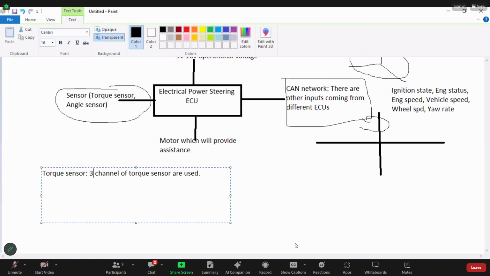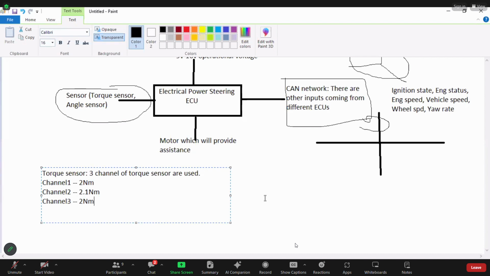So now we have 3 channels of the torque sensor. All 3 channels are responsible for calculating how much torque the driver is applying. I mean, it will take the average. Let's say channel 1 calculated 2 Newton meter of torque, channel 2 calculated 2.1 Newton meter, and channel 3 calculated 2 Newton meter.